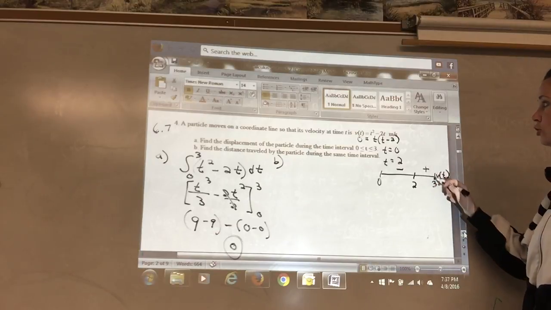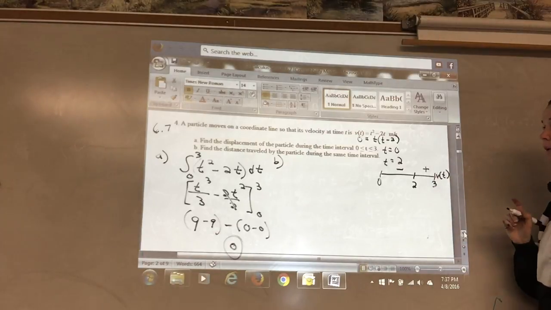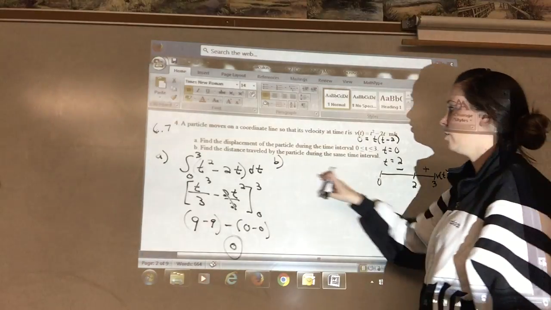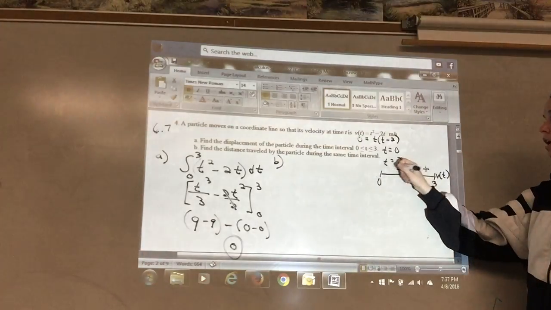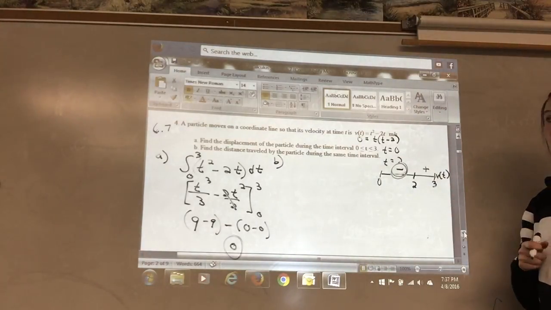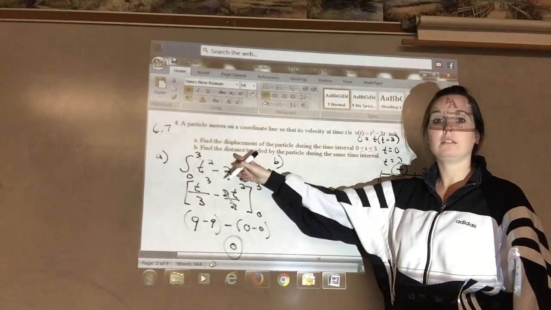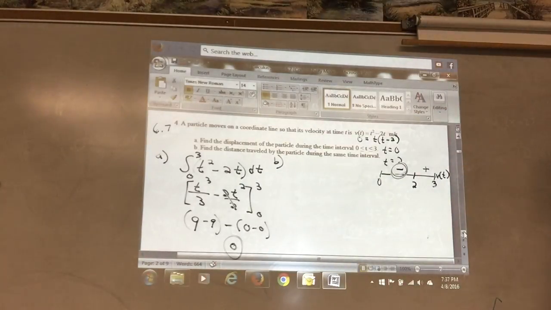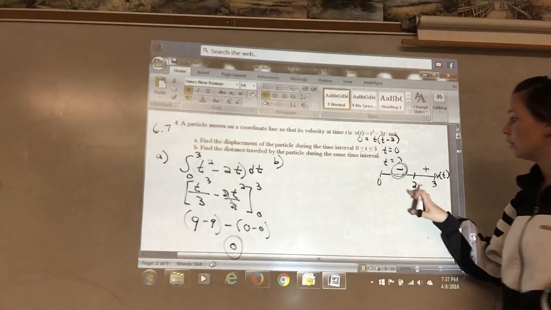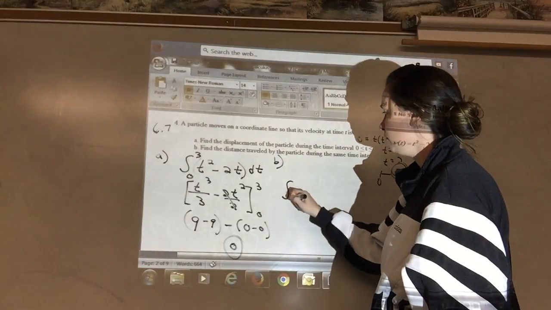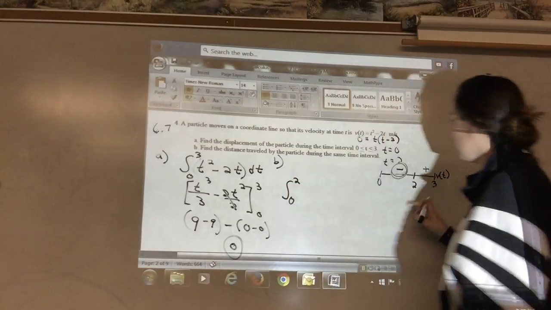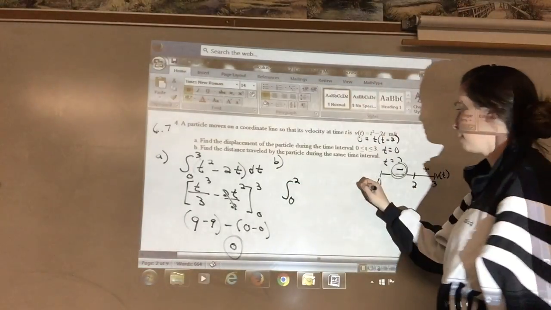So that's not as tricky. What we just said is when we go through to integrate, we have to be very careful about any negative region because we're looking for the distance. So I'm going to separate my integral into a piecewise type look. I'm going to go from 0 to 2, and I'm going to go from 2 to 3.